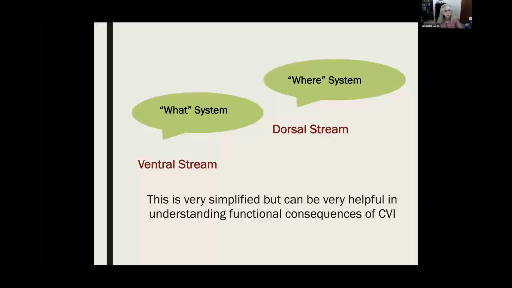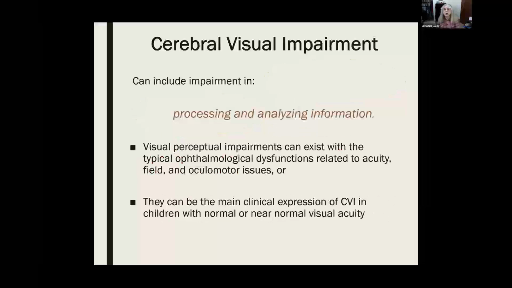So the ventral stream tells you what's going on, and the dorsal stream says where it's going on, and then how the child can interact with whatever that image is there. And we'll explain a little bit more about this as we move along.